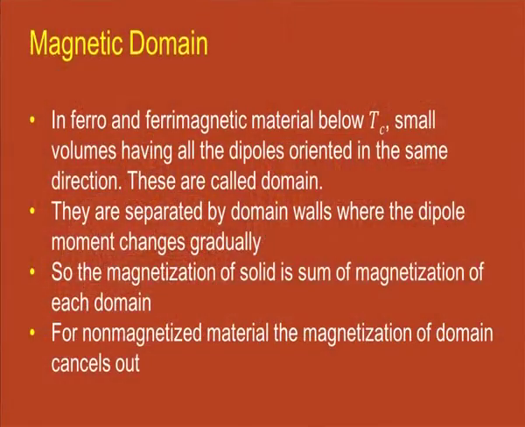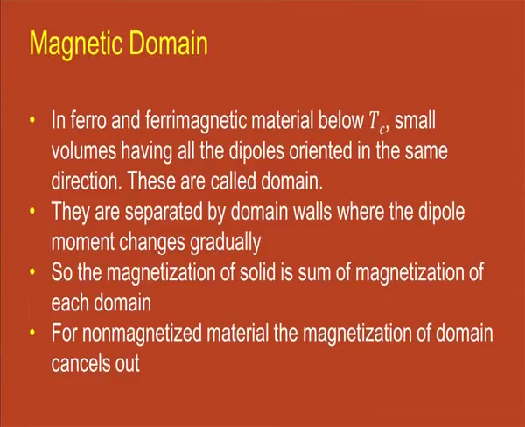Now, in the previous discussion, we have talked about the magnetic domain. These are the regions in the magnetic materials where the magnetic moment is aligned in a particular direction. So, in ferro and ferrimagnetic materials, below Curie temperature, small volumes having all the dipoles oriented in the same direction will form domains, and these domains are separated from each other by domain walls where the dipole moment changes gradually.